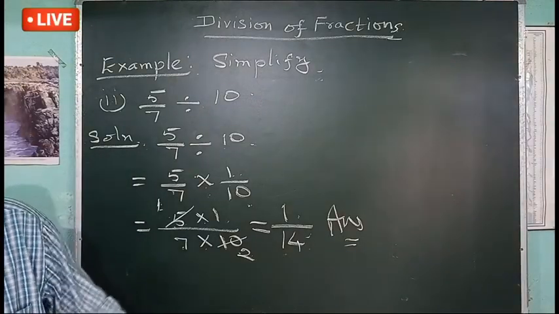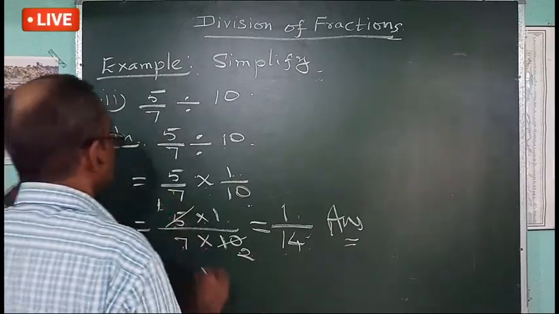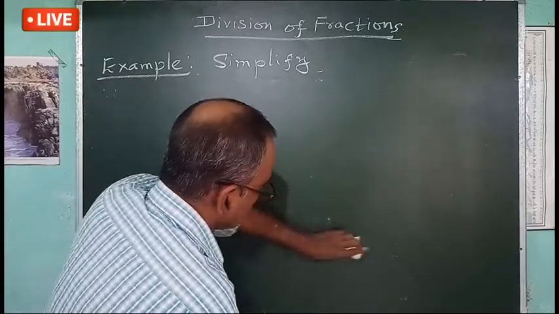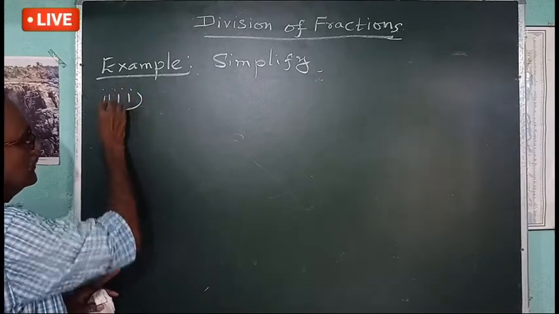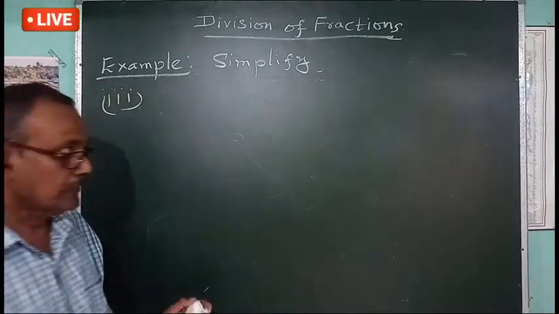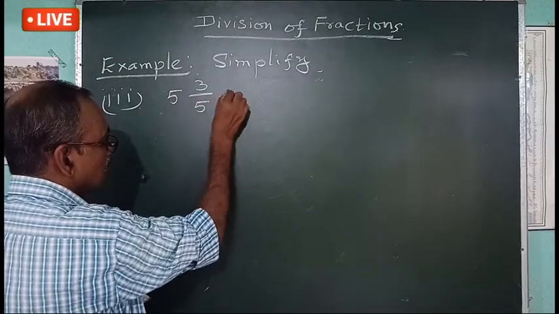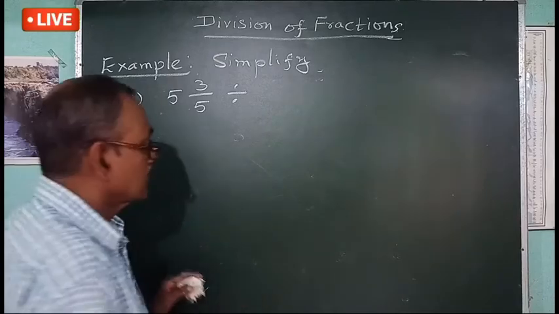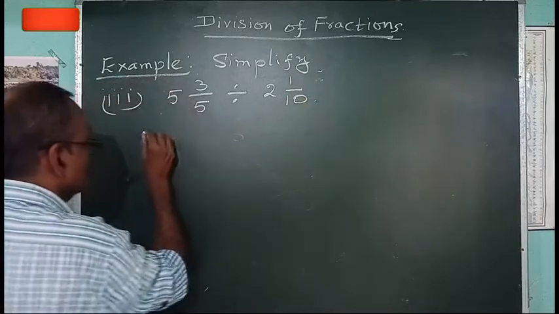Let us have another example, third example. Now example third, we will take mixed fractions. Now 5 whole 3 by 5 divided by 2 whole 1 by 10. Solution.